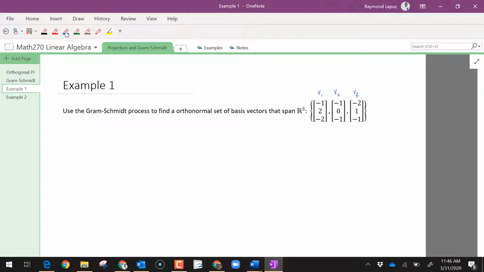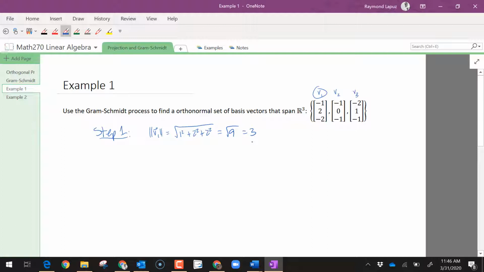So let's take our first step. And our first step is to really just take our first vector v1 and make it into a unit vector. So we need the magnitude of v1, and that is the square root of 1 squared plus 2 squared plus 2 squared. So that's the square root of 9, which is equal to 3.